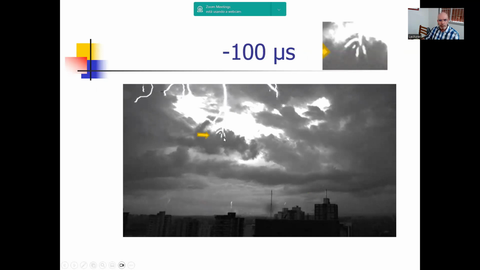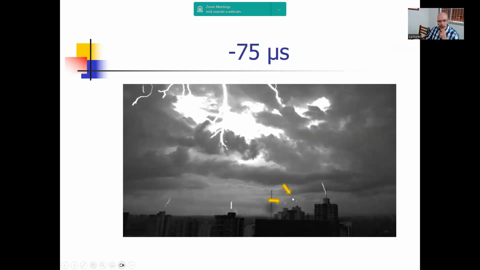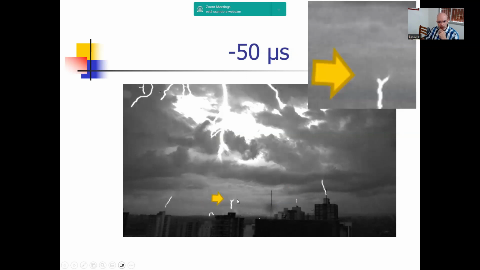You may see some features here in the downward leader, which are called space stems. Here you see other buildings participating. This is interesting. The upward leader splits in two. This is all driven by the downward branches that induce differently.